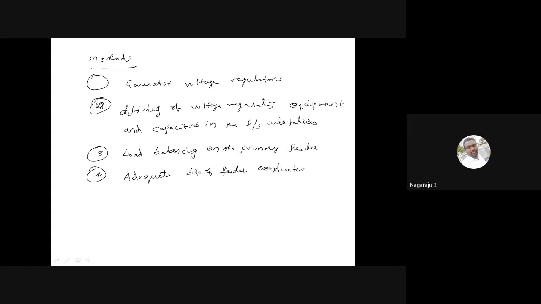The next fifth one is conversion of single phase feeder sections to multi phase feeder.